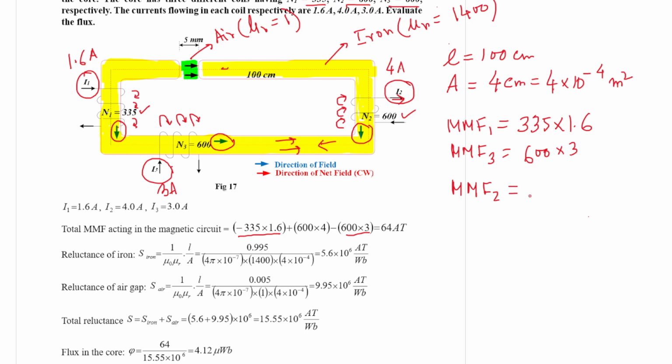That is due to the current I2, it will be 600 into I2, which is 4. So it will be 2400 ampere turn. MMF 1 is 335 into 1.6, it will be coming out to be 536.